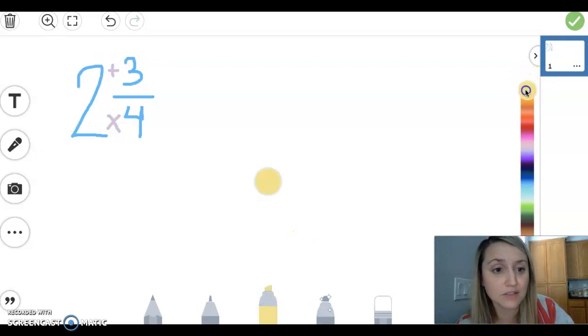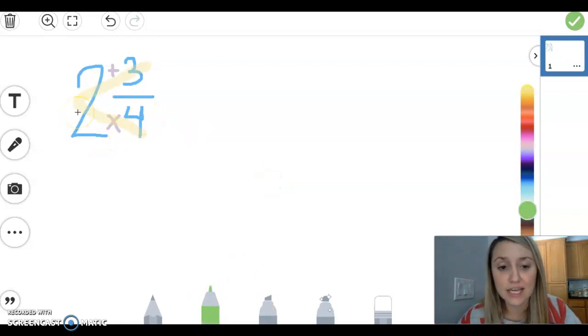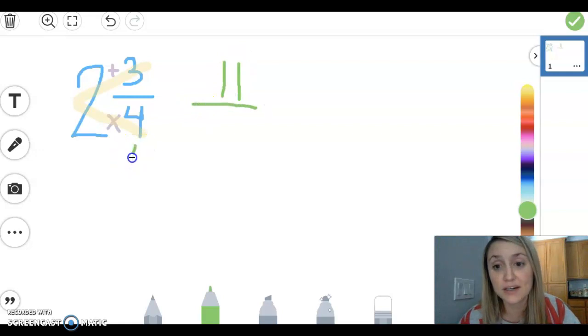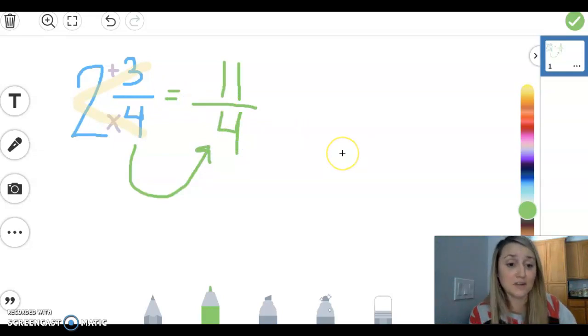And once you do these a bunch of times, it's just going to stick really well in your head. So 4 times 2 is 8, and then if you add 3, you get 11. So that's going to be your numerator, and then don't forget the denominator always stays the same. So your answer would be 11/4.